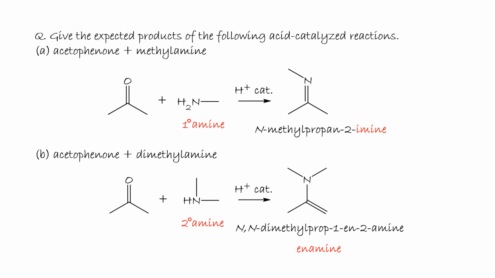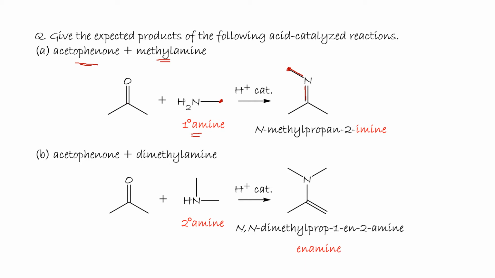Give the expected products of the following acid catalyzed reactions: acetophenone with methylamine. Methylamine is a primary amine, so what you get is actually the imine double bond in here. Instead of double bond O, you will have double bond N, and whatever the substituent on this nitrogen.